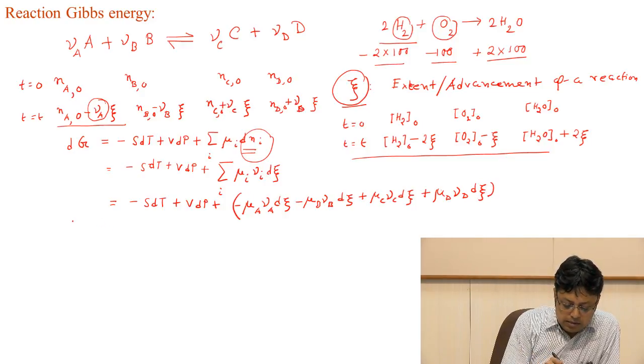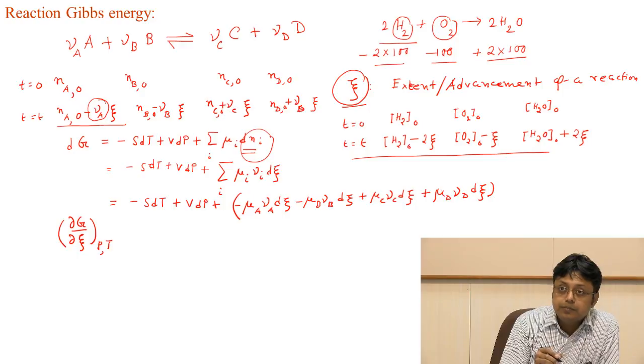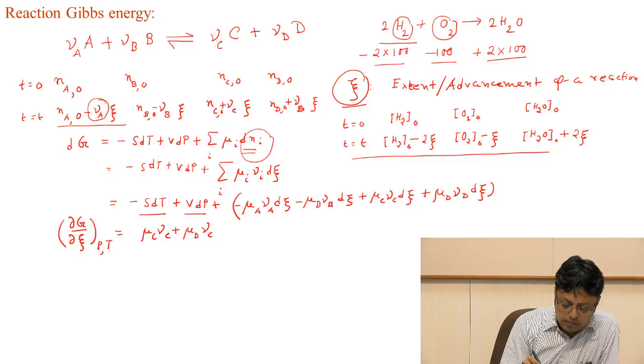If I take del G del xi at constant pressure and temperature, these two terms vanish, and I'll be left with mu C nu C plus mu D nu D minus mu A nu A minus mu B nu B.